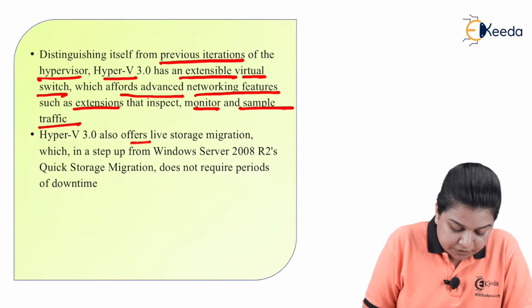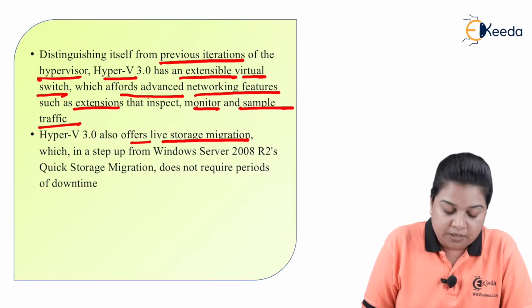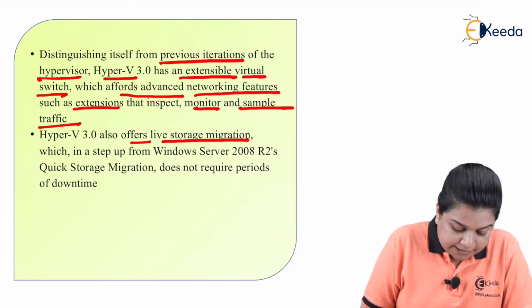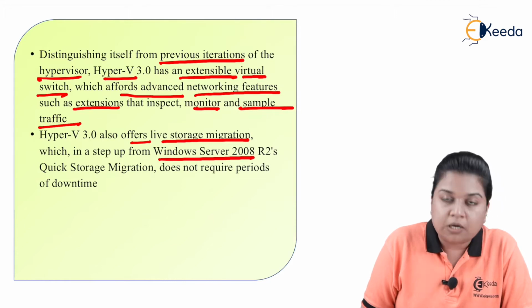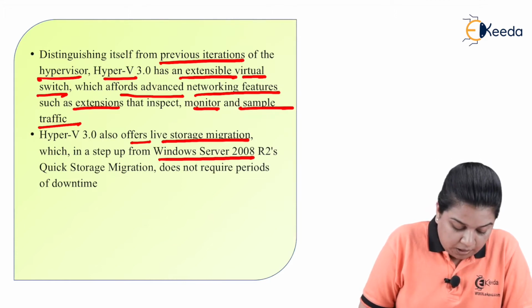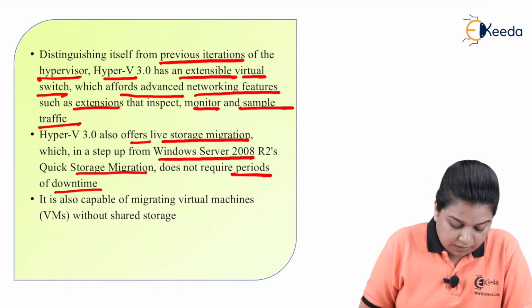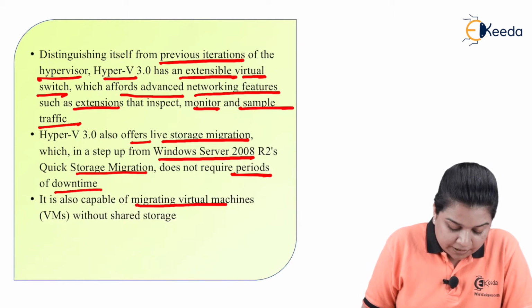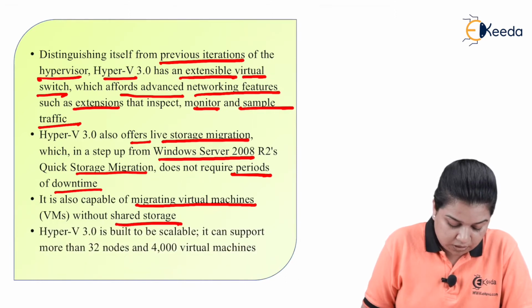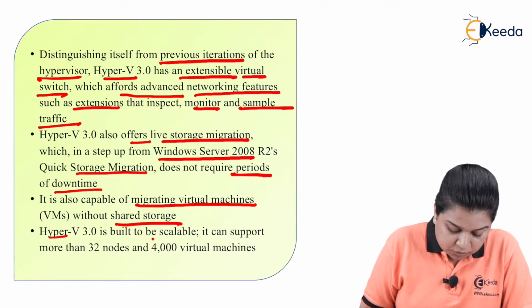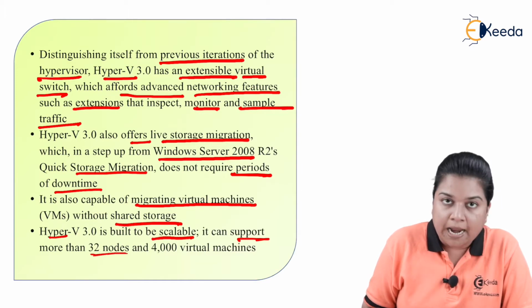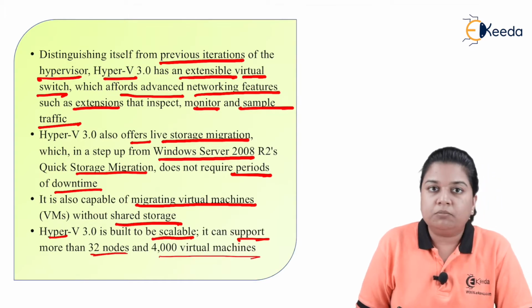Hyper-V also offers live storage migration, a step up from Windows Server 2008 R2's quick storage migration, which does not require periods of downtime. It is also capable of migrating virtual machines without shared storage. Hyper-V is built to be scalable. It can support more than 32 nodes and 4,000 virtual machines.